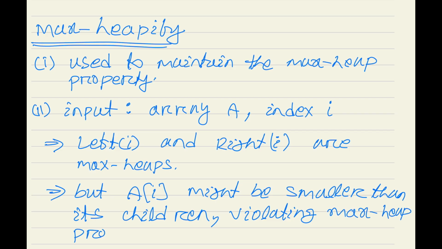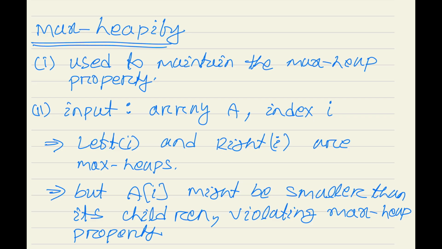So the input to this algorithm is array A and index I, and we are assuming that at this index I the max heap property is violated, but the left child of I and the right child of I are max heaps.